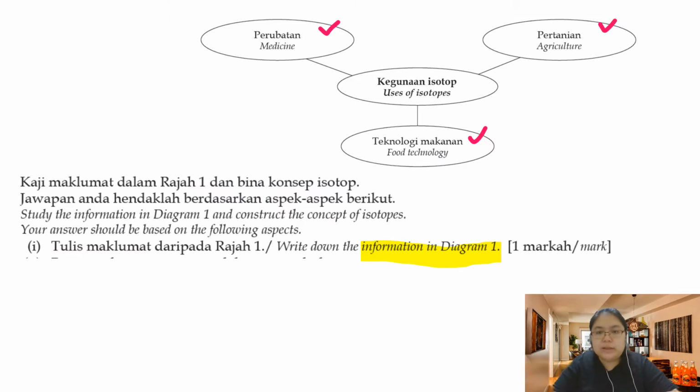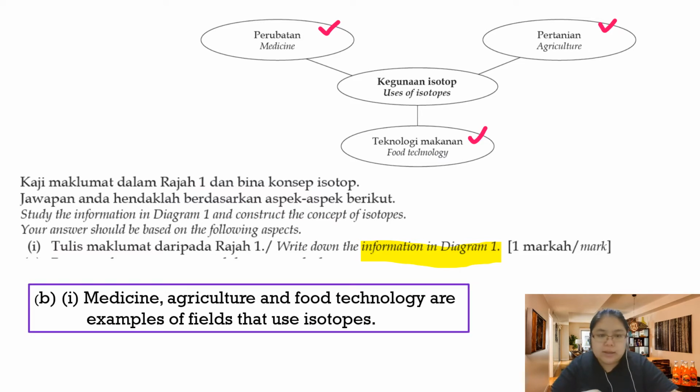Just one sentence only, related to the diagram. Okay, let's see the answer for 1 mark: medicine, agriculture, and food technology are example fields that use isotopes. That one is one sentence only, related to the diagram. So normally we never create any idea, we just copy from the question.